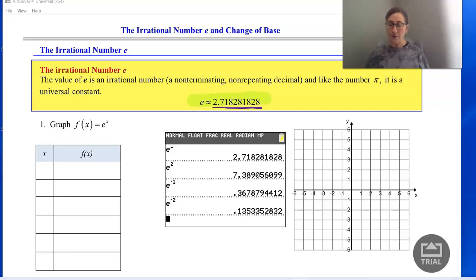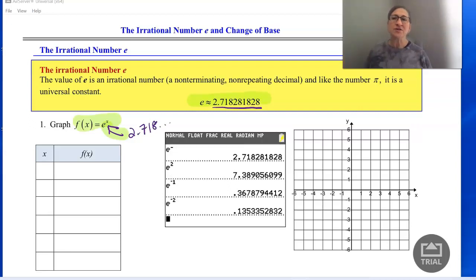So if we are looking to graph the function where the irrational number e is the base, this is an exponential function. So let's just think about this a minute. This e here really represents 2.718, and then it would keep going.